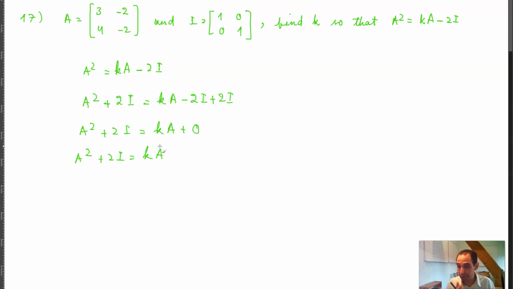I don't know how I'm supposed to solve this problem when I don't know how to divide. Because to calculate K, I have to divide by A, and then all of these matrices would be divided by A. So let's take a look at the solution here.